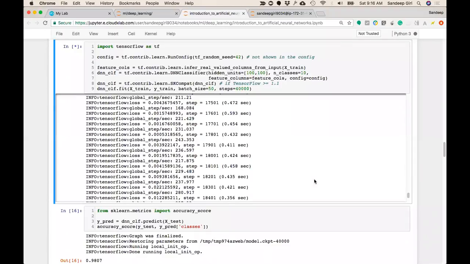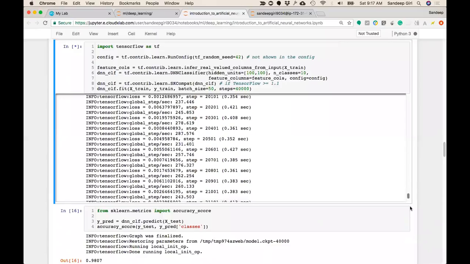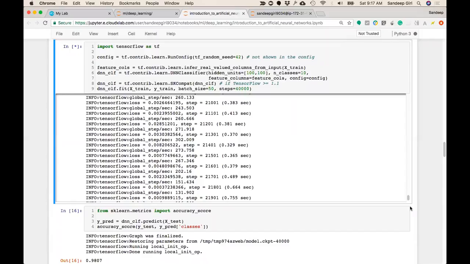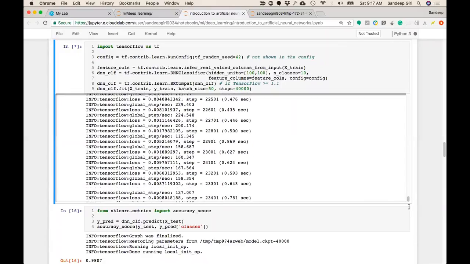Shiva is on E, okay. Gigi is also on E. Then it's going to be really slow. Vidya is on F. No, that's okay. Let it run.